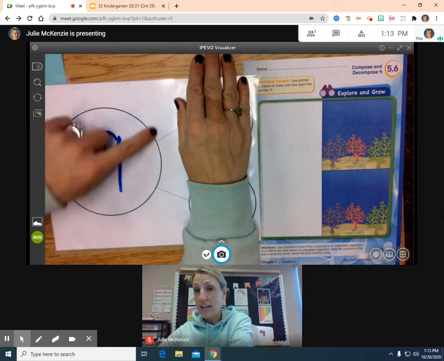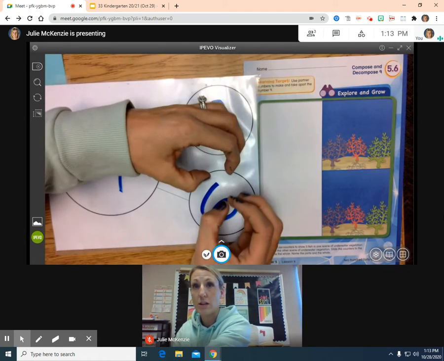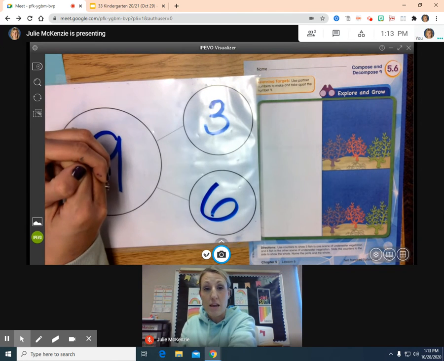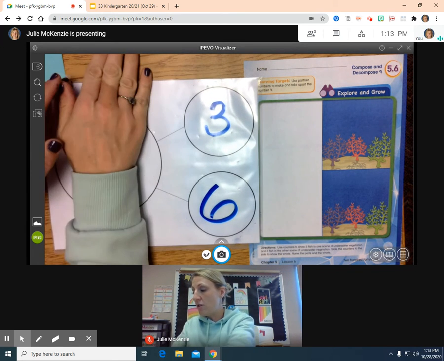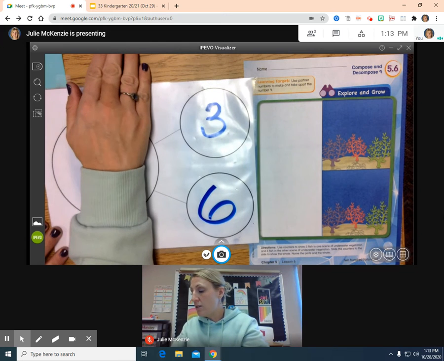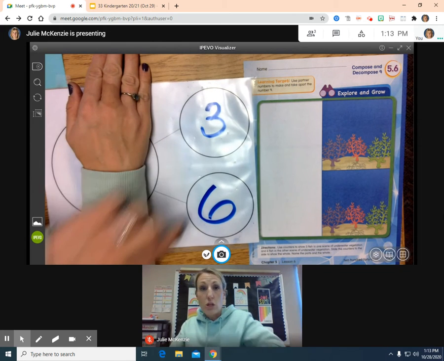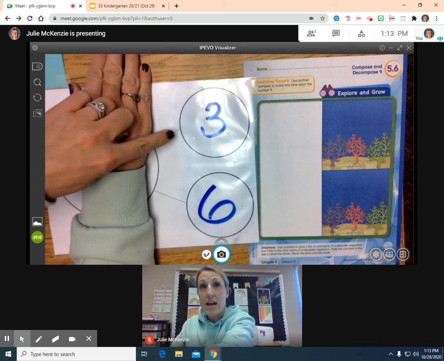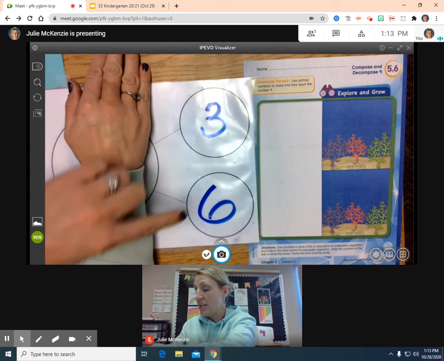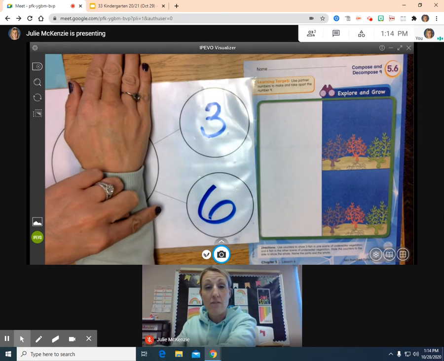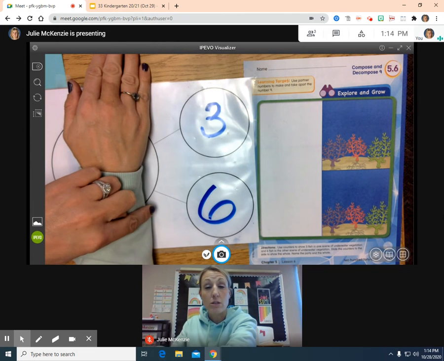It has 2 lines because there's 2 parts that combine together to make the whole group. And then if you look over here at these circles, you'll see that each of these circles only has 1 line coming out of it here, and this one only has 1 line coming out of it here. That's how you know those circles represent the parts.